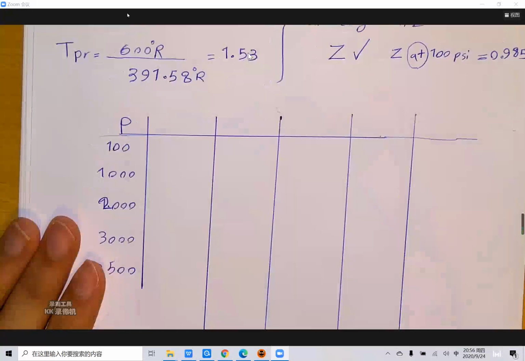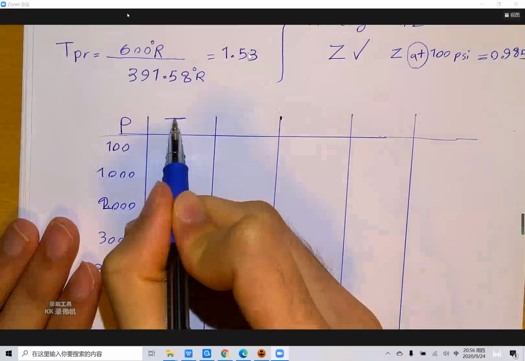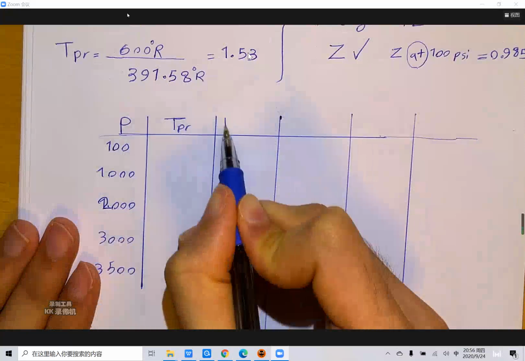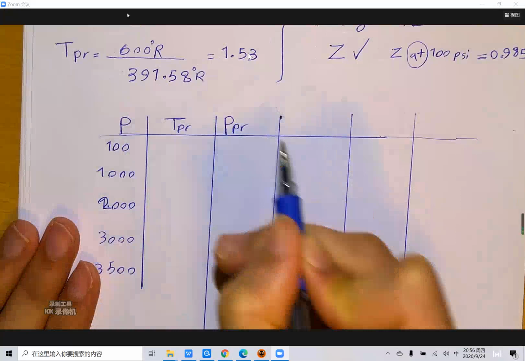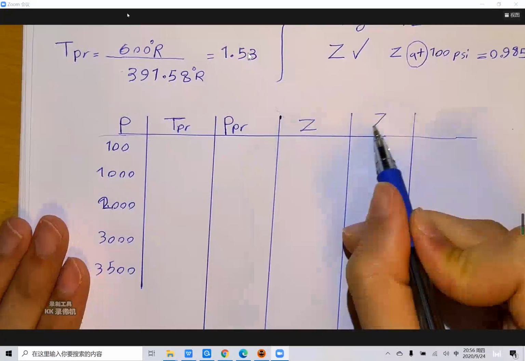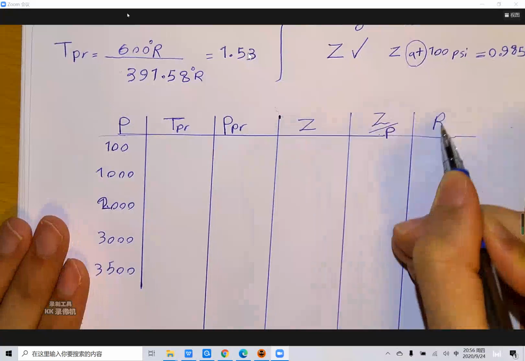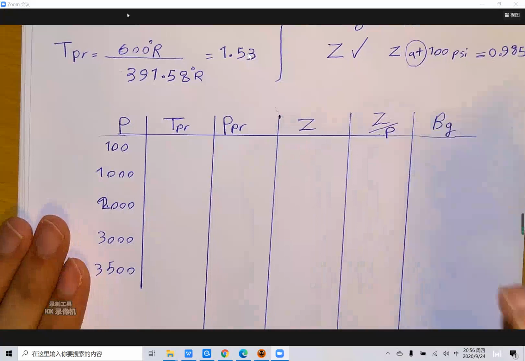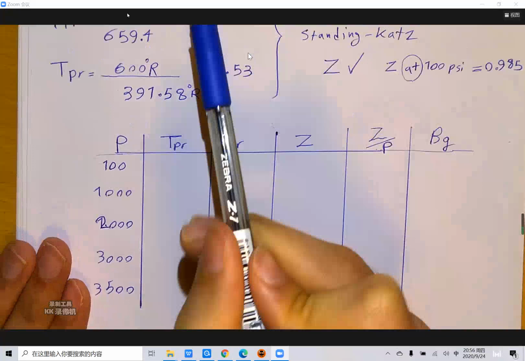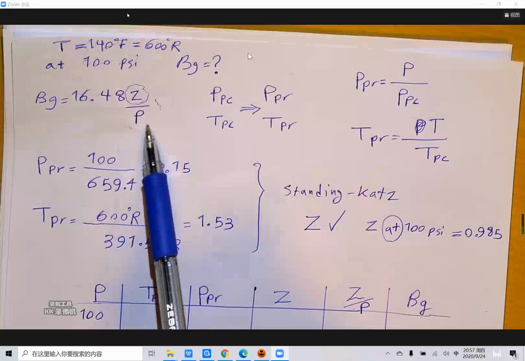For each pressure, we have to find the pseudo-reduced temperature, and also pseudo-reduced pressure, and then by having this, find the compressibility factor, and then Z over P. That gives us the BG. Because we have to just find this Z over P here. So quickly just write it here.